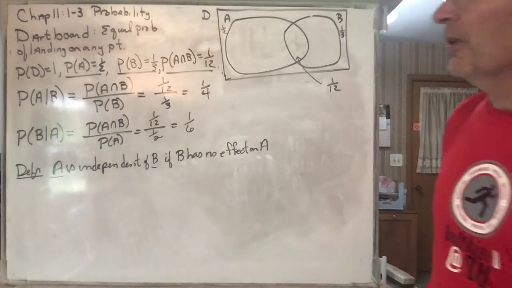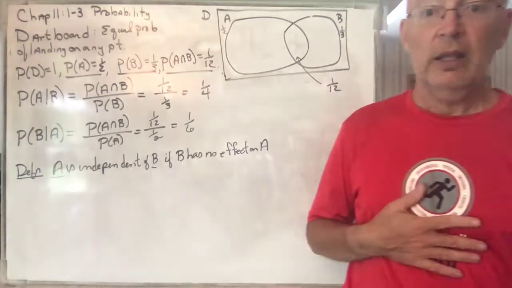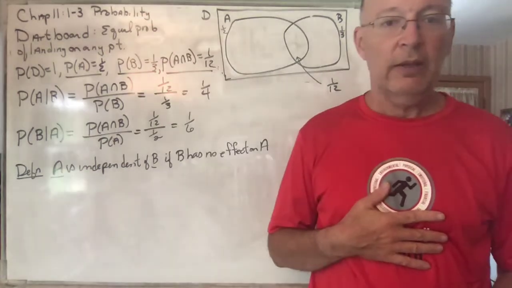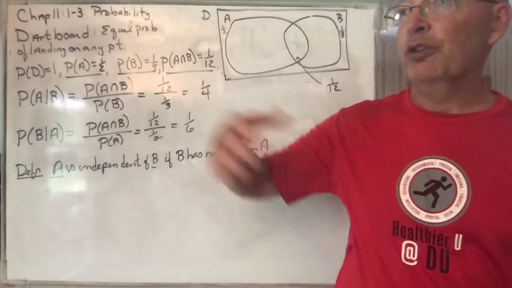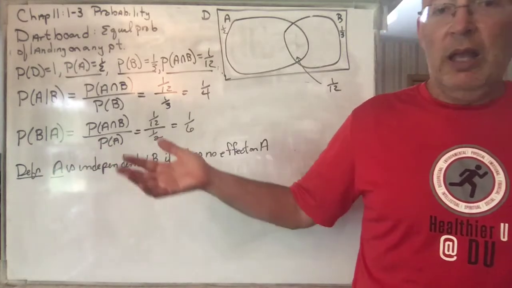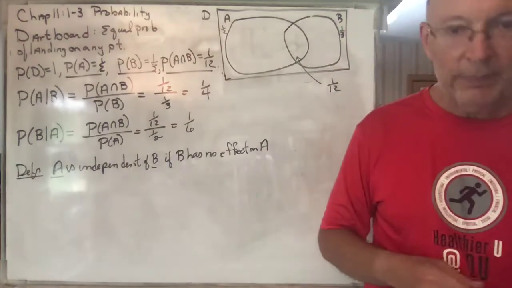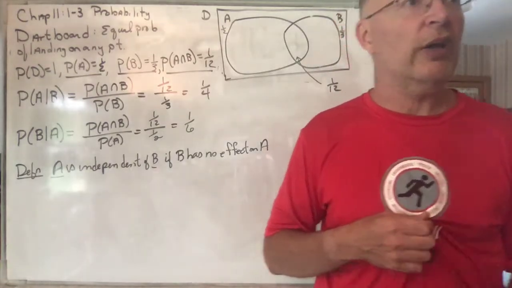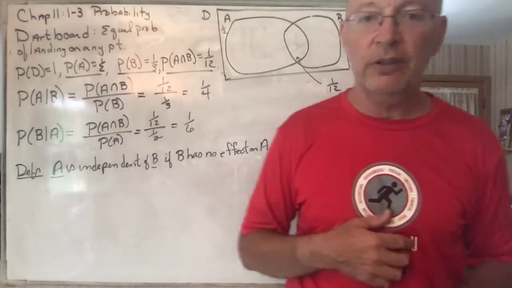For example, the color of my shirt is red. The color of the shirt that you happen to be wearing has nothing to do with this color. Well, I shouldn't say that. You might be wearing a Davenport color as well. So actually, this is an example where maybe the two do have something to do with each other.